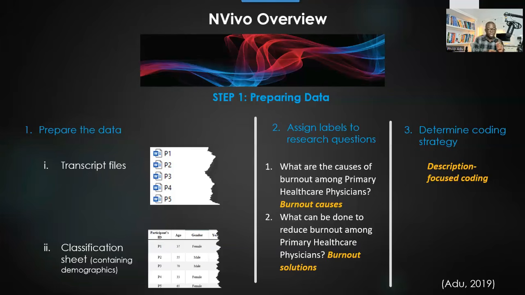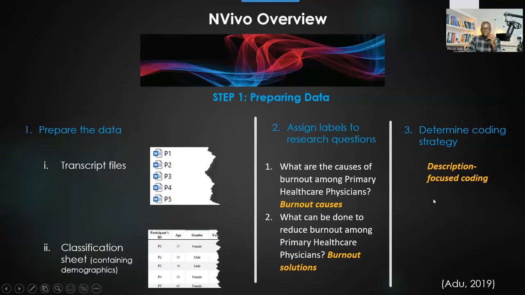So you can see that I have burnout solution representing the second research question, right? So you assign labels to your research question, and then these labels will help you to create containers or codes when you go to NVivo, so that you can put codes under each of the research questions that you have.